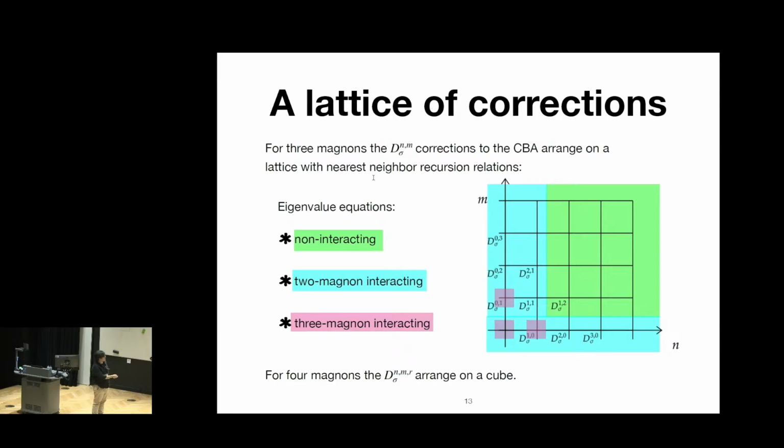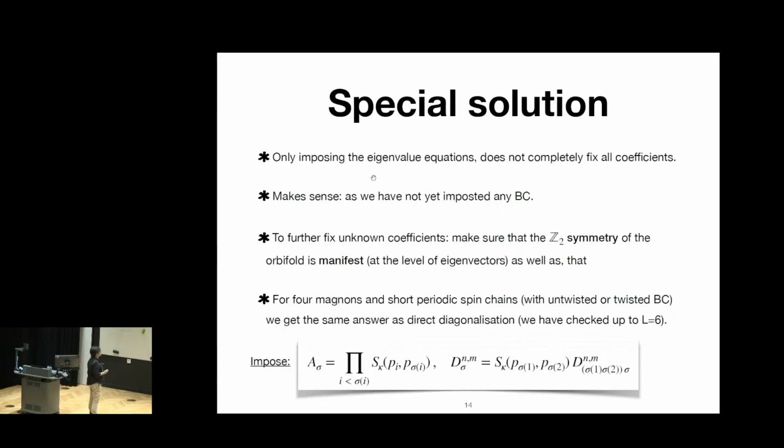And the colors that I have here tell you what they are solving for. And again, for 4 magnons, you should imagine the same thing, but in the form of a cube. And what is important is that for any d, these equations, if let's say you want to solve this guy, relate them with their nearest neighbor. So you are solving like a little cross. And of course, all the crosses are related to each other.